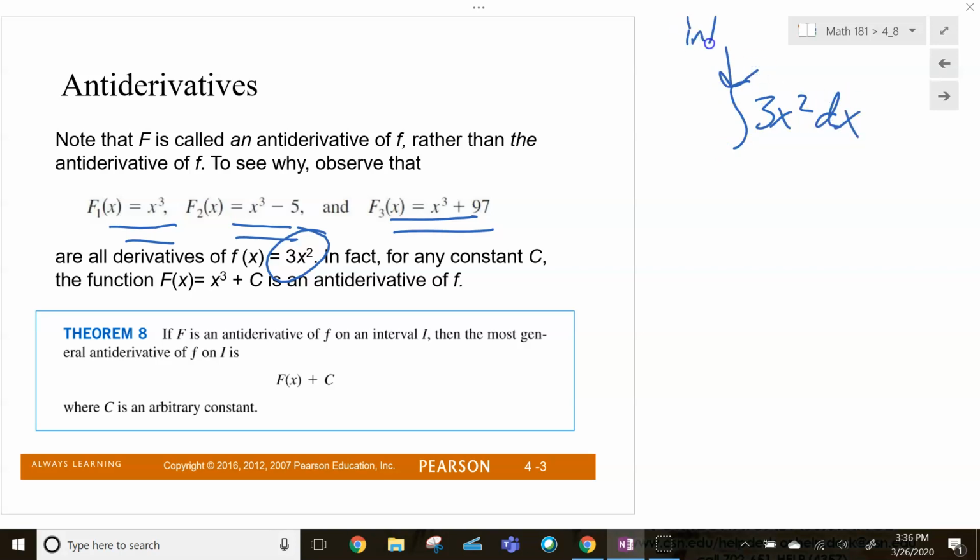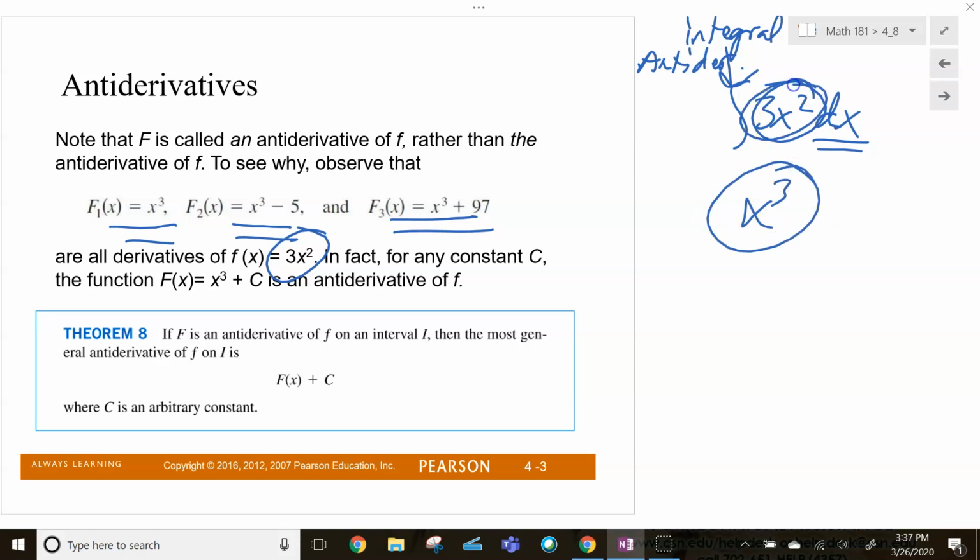This is called the integral, or the antiderivative, with respect to x. The antiderivative of 3x squared is x cubed. In other words, when we take the derivative of x cubed, we get 3x squared. And that's plus any constant.